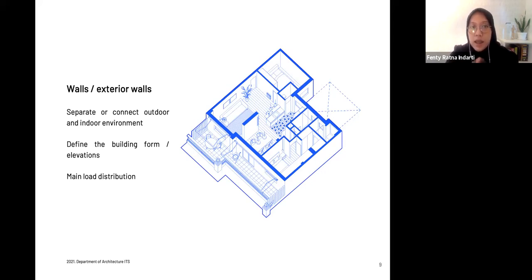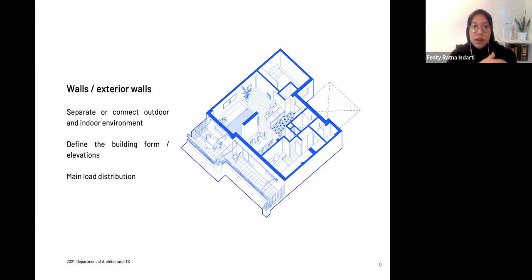Next, the exterior walls usually define the building form or the elevations. Again, because this is the outer part or the perimeter of a building, definitely it will dictate how we visualize our idea. So the building shape is actually determined by the walls on the outside, whether you are using transparent ones or not.